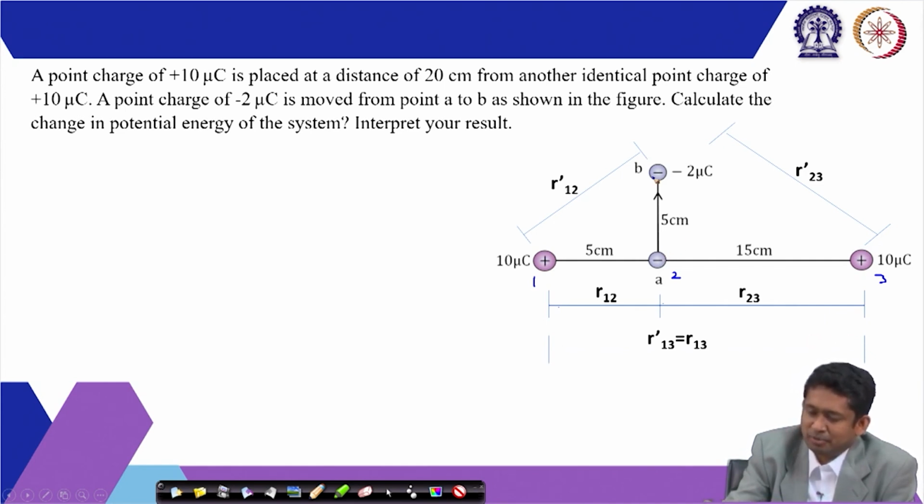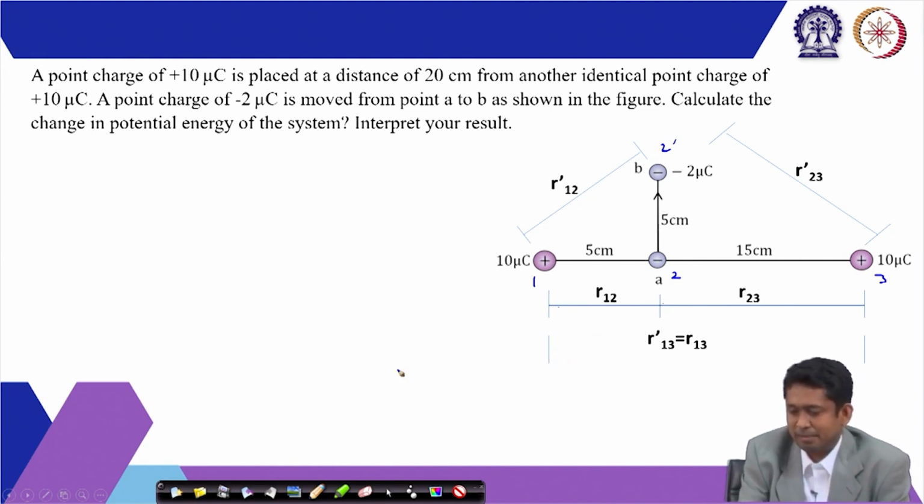When it is moved to this point, let us call it 2 prime. So, it is R12 prime, it is R23 prime, and since in the deformed system these 2 points do not move, R13 is also R13 prime.